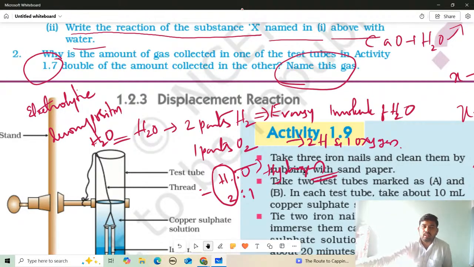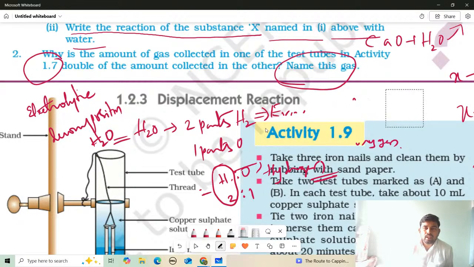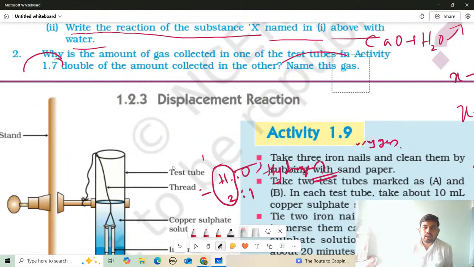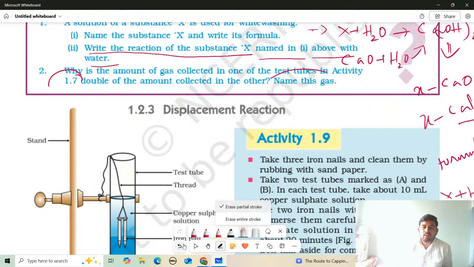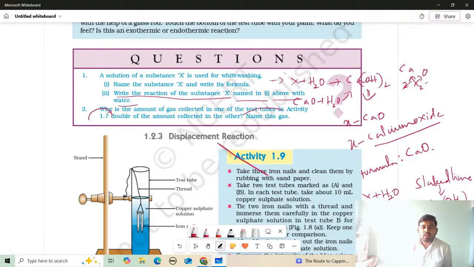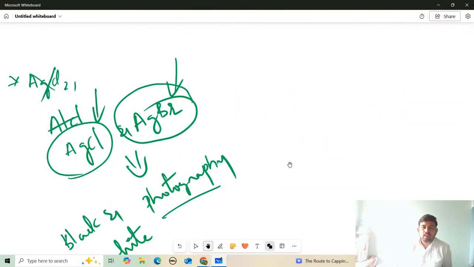Okay. Next, come to the next type of reaction. The third type of reaction is the displacement reaction. It is very, very important.